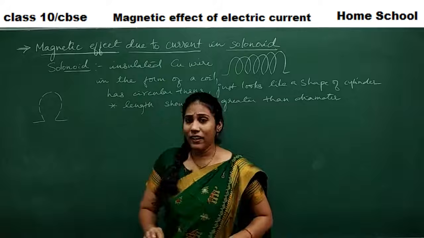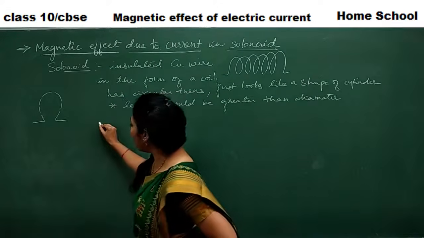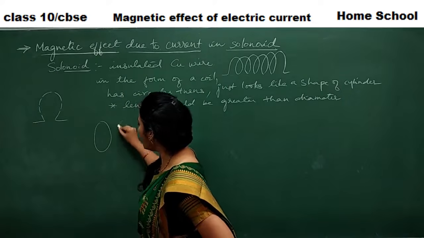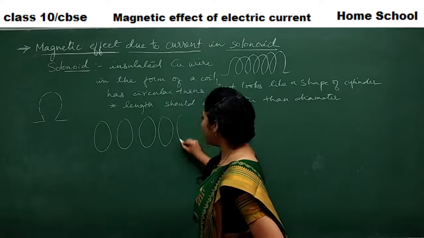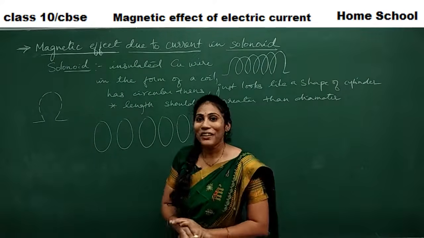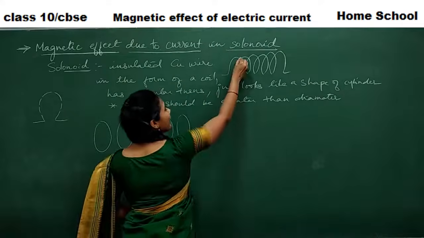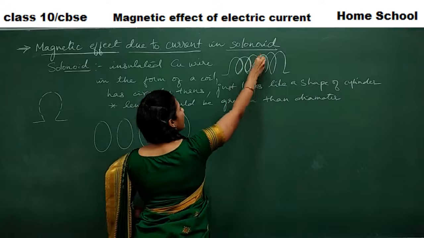And here, this particular solenoid is nothing but a collection of many circular loops. Yes or no? This is one circular loop, this is a second circular loop, third one.